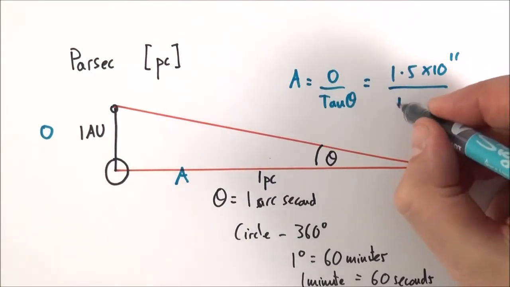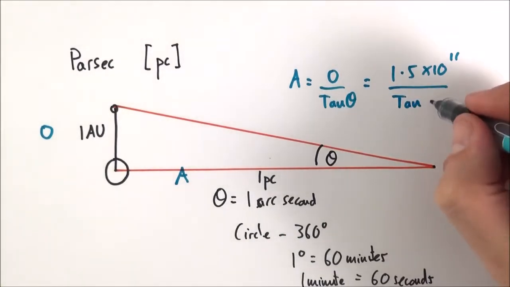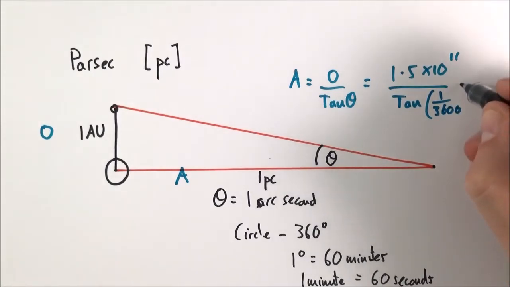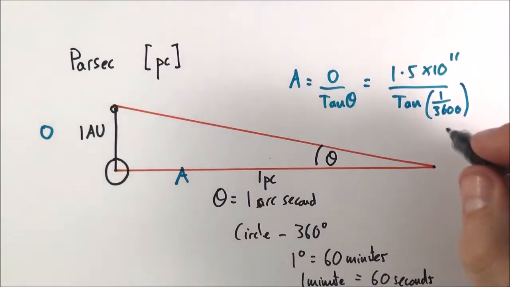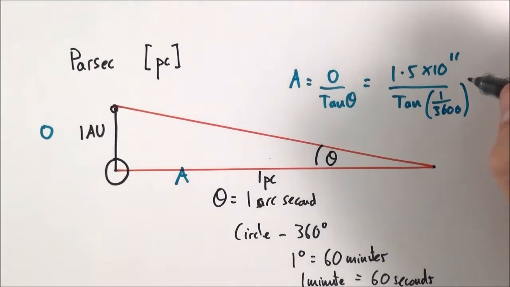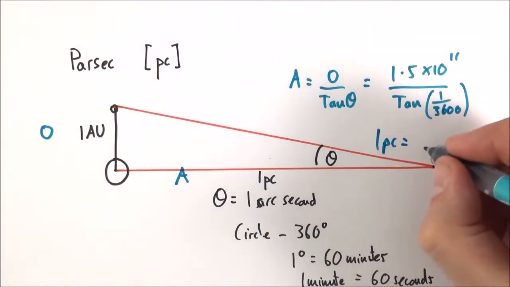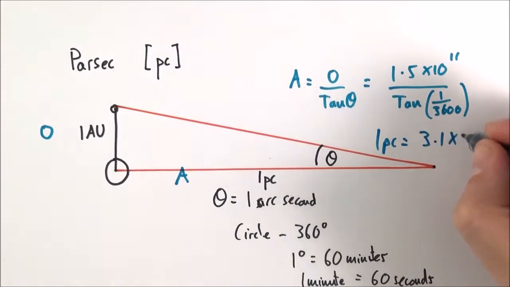And then we look at tan of theta, and theta is just 1/3600th of a degree. And if we put those numbers into our calculator, we find that the adjacent side, so this side here, 1 parsec, is equal to a total of 3.1 times 10 to the 16 metres.